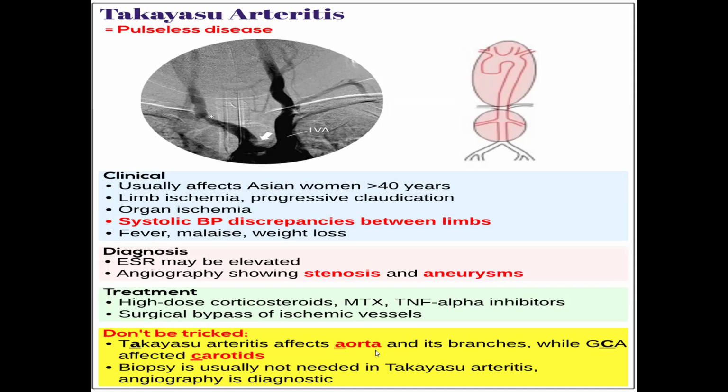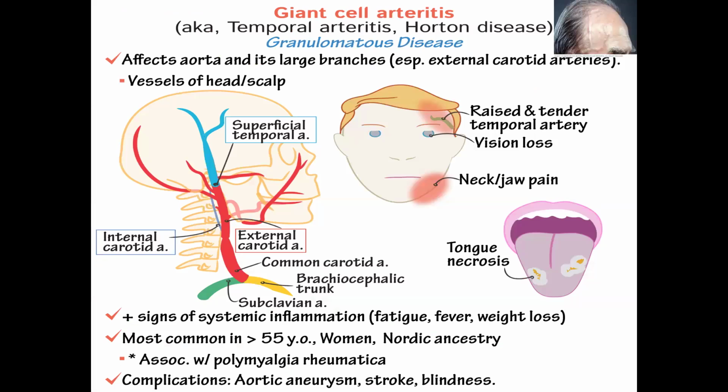Takayasu arteritis affects the aorta, while giant cell arteritis affects the carotids. Be careful about this part here. Biopsy usually not needed in Takayasu. Angiography is diagnostic. But in GCA, biopsy is important. Okay? However, you should start the steroids anyway until you get the biopsy results. Okay?